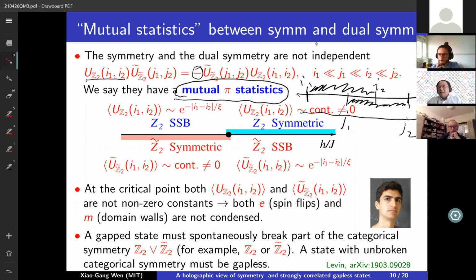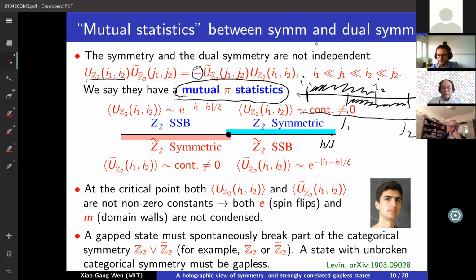Okay. So this is why this became interesting now. As I mentioned, the gapless state is very hard to understand. First thing, we don't even have a proper name for them. We just call them A, B, and C. We lack insight and we don't have a proper name.